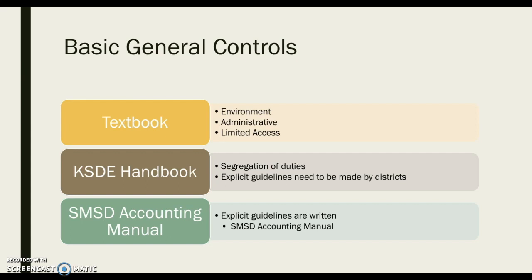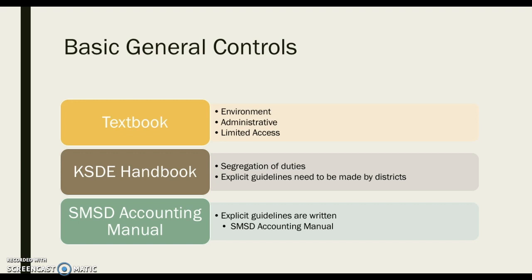Overall, the Shawnee Mission School District Accounting Manual has explicit guidelines written in their manual. They have that manual online for anybody to be able to view. There's much overlap between the basic general controls and the previous slide regarding sound internal controls and the three types of controls: environmental, administrative, and limited access.